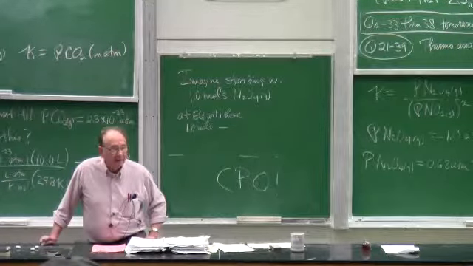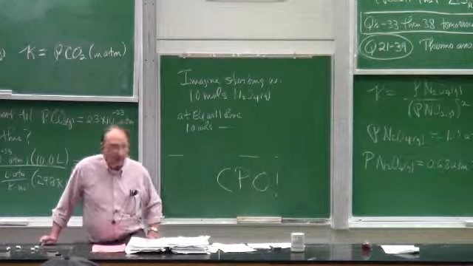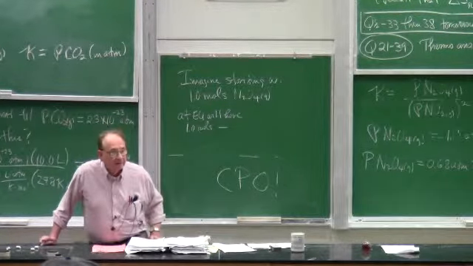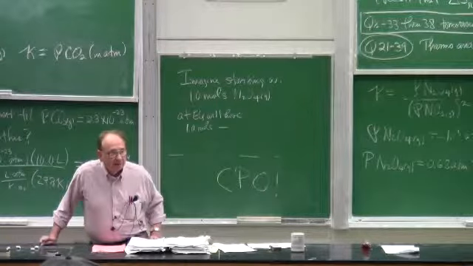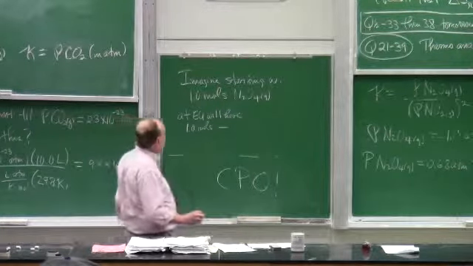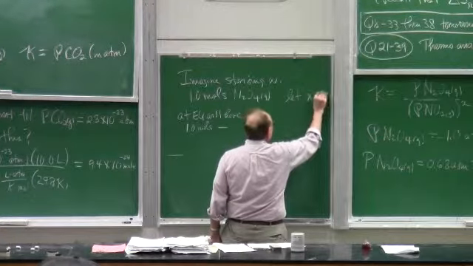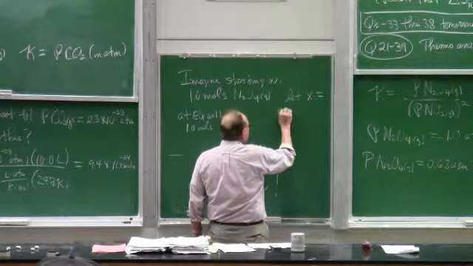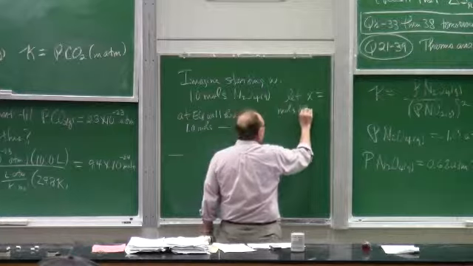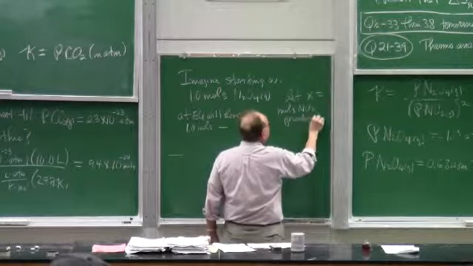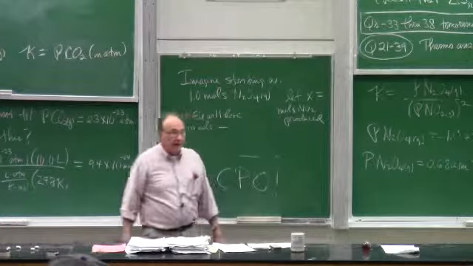I agree with that. So what do I want to subtract from 1.0 moles of N2O4? Well, let's write it this way. Let X equal moles NO2 produced. Is that all right?